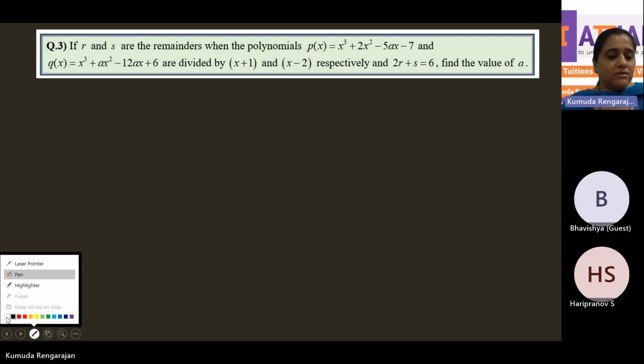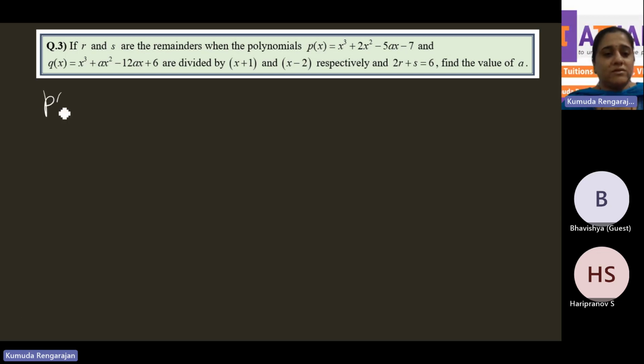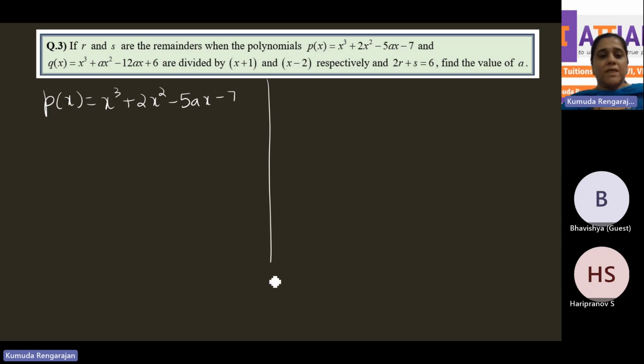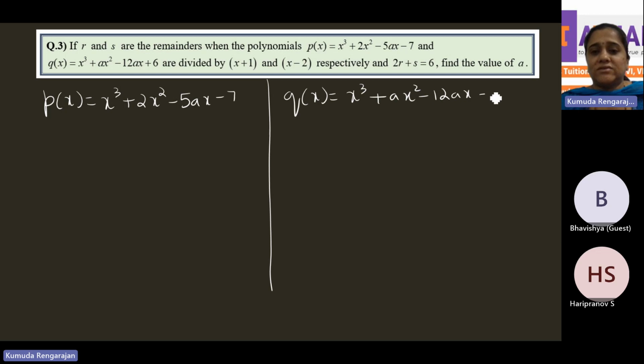There is one dividend P of X, which is X cubed plus 2x squared minus 5ax minus 7. There is another dividend Q of X, which is X cubed plus ax squared minus 12ax plus 6. And the divisor here is X plus 1. The divisor here is X minus 2.